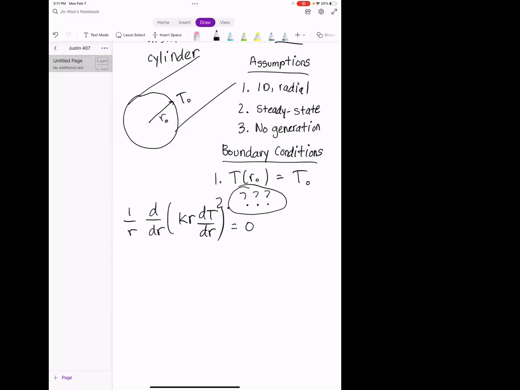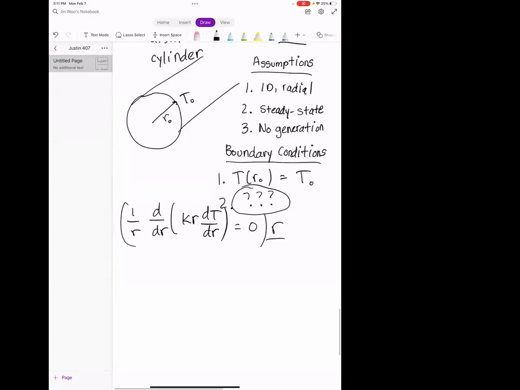I'll write out all the steps but go through it quickly, since this is a repeat of what we did last time. I'm going to multiply both sides by r over k, because k is a constant. So we have d dr of r dT dr is equal to 0.